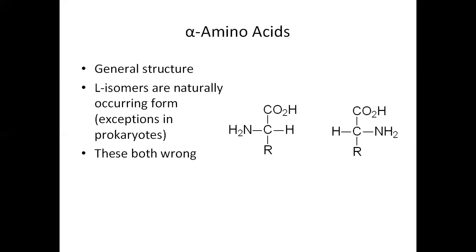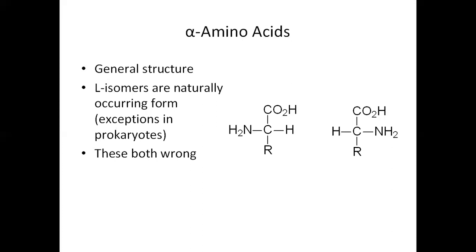This type of structure is referred to as a Fischer projection, and very importantly, the groups that are extending left and right are pointing out towards you as an observer. I am drawing my structures differently than those in your book, and you should go through using a model kit and verify that in fact they are the same structure.